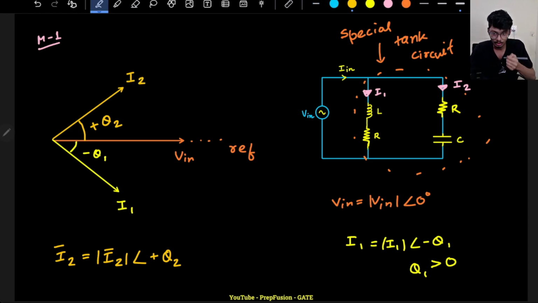Now the interesting fact is, what is I in? I in is the combination of these two, the sum of these two.